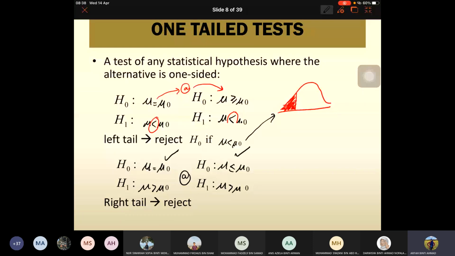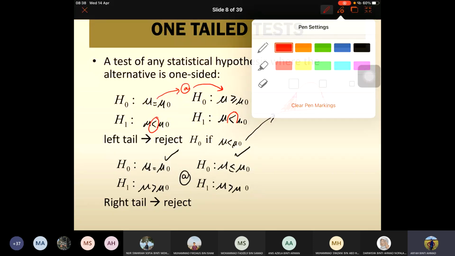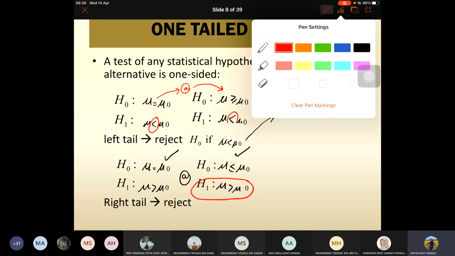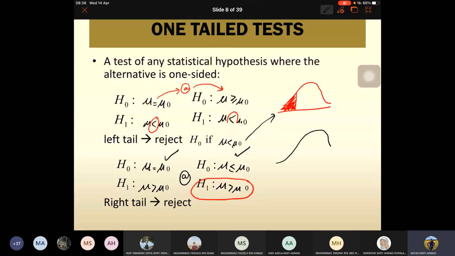So kenapa dia right tail? Because if you see on the H1, for this one is mu is greater than mu naught. That is, if you do the drawing in here, dia punya rantau penolakan is greater. So contohnya satu nilai dekat sini. So ini adalah awak punya rejection region. Okay. Lebih besar daripada mu naught.